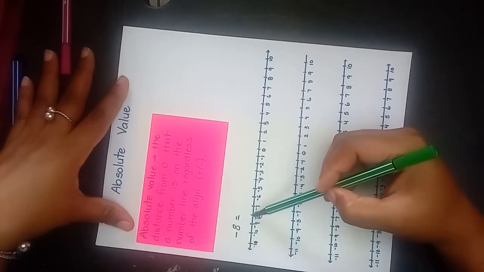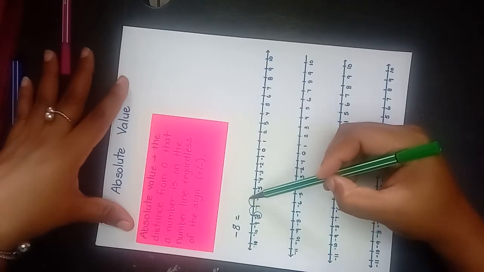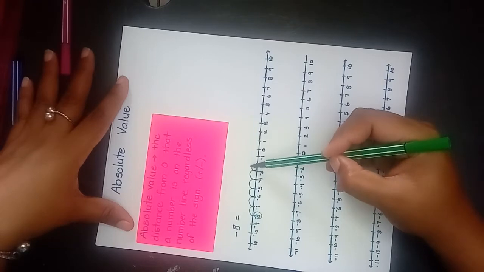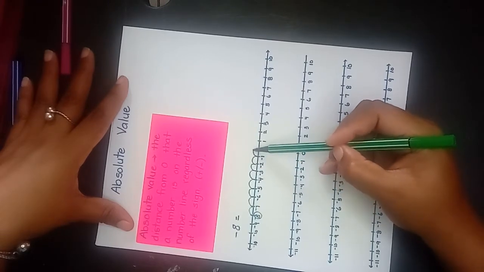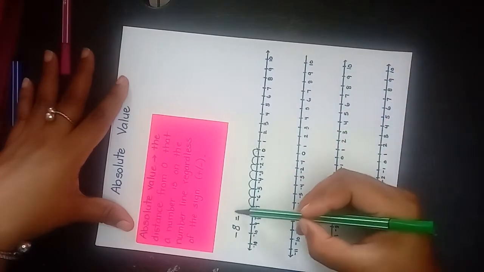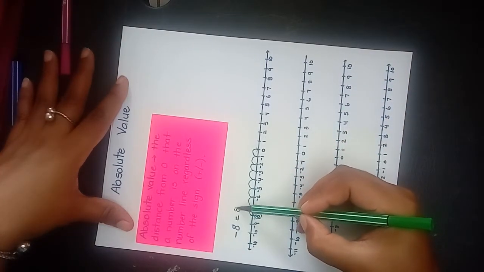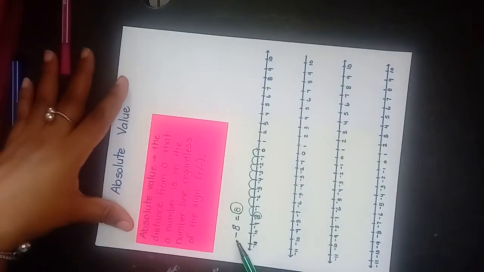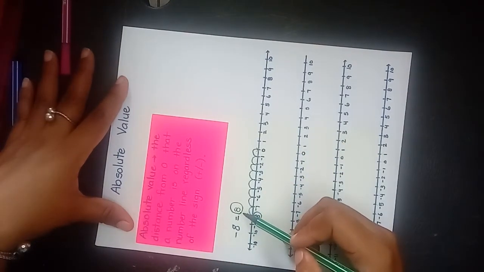Let's see how many jumps. 1, 2, 3, 4, 5, 6, 7, 8. So how many times did we jump? We jumped 8 times. Okay, so the absolute value of -8 is 8.